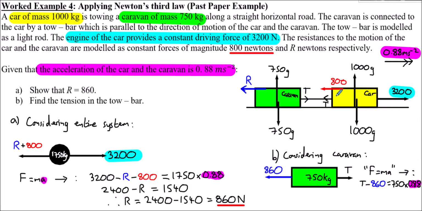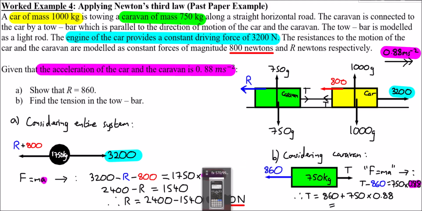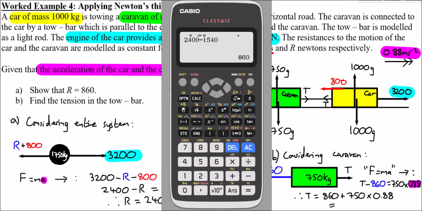So a simple rearrangement, we'll get what the tension is. So therefore the tension is just 860 plus whatever 750 multiplied by 0.88 is. So I'm just going to add on to that 750 multiplied by 0.88. And that gives us 1,520 newtons.